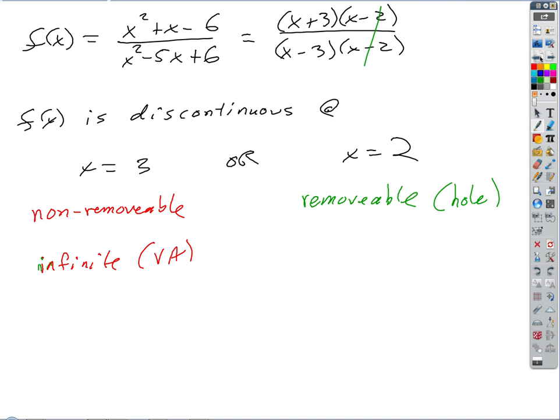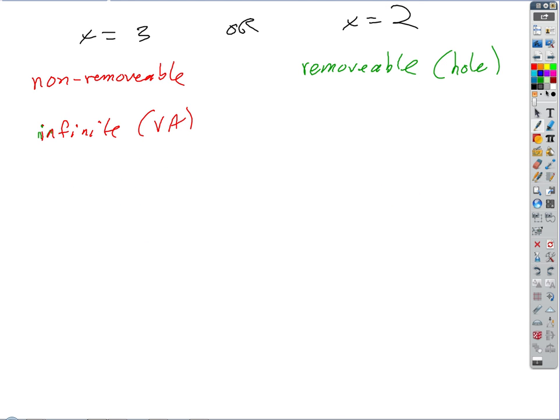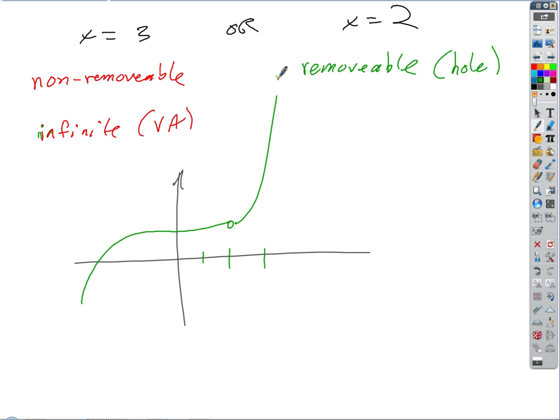The function f of x is undefined at 2, right? But we know that it's a hole. So if I were to graph this function, at 2 we don't know what the function looks like, but that's a hole. And at 3, we've got something weird going on. We don't know what kind of vertical asymptote it is, but we won't worry about it.